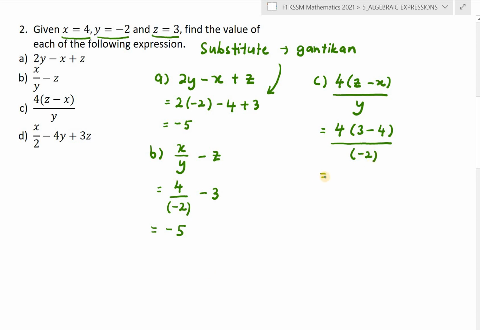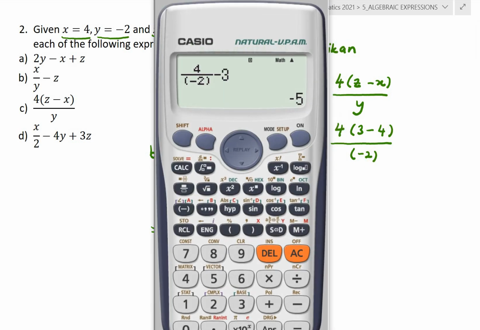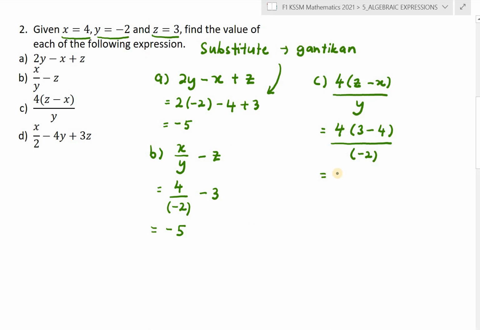For this one, we can also press our calculator: 4 times (3 minus 4) over negative 2. So we are getting positive 2 as the answer. I hope you understand, and up to here you understand.